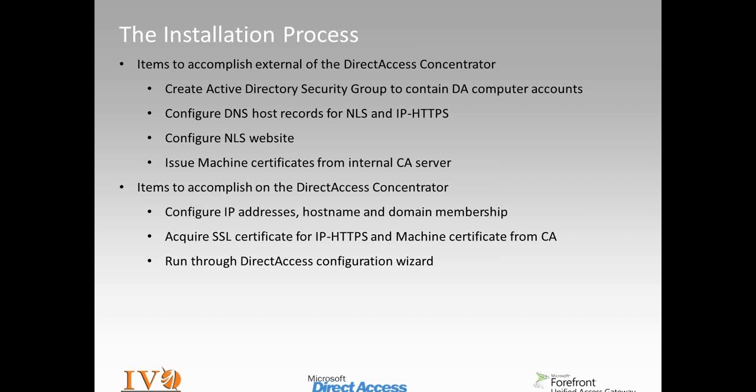It will go out and create 2 GPOs in your Active Directory, and populate those GPOs with settings. One of the GPOs is all of the server-side settings, and so that GPO is going to get populated with all of the listener settings, and that GPO is automatically going to get security filtered so that it only applies back to the DirectAccess appliances.